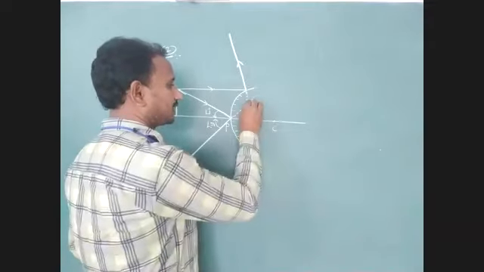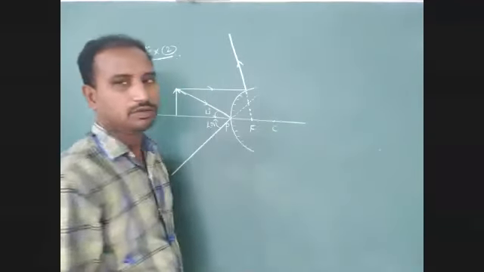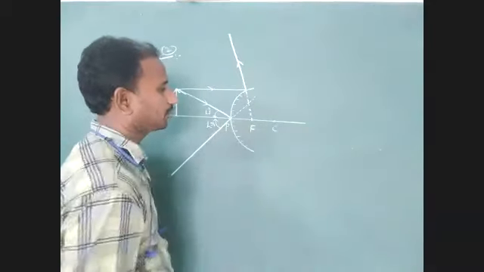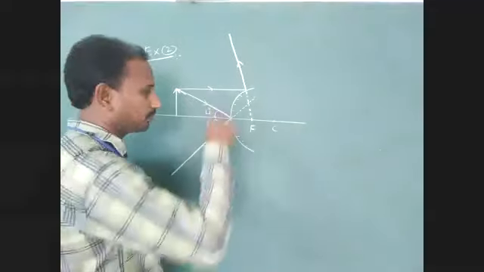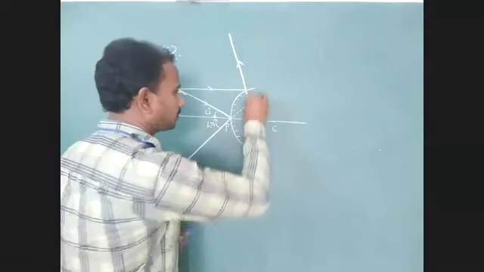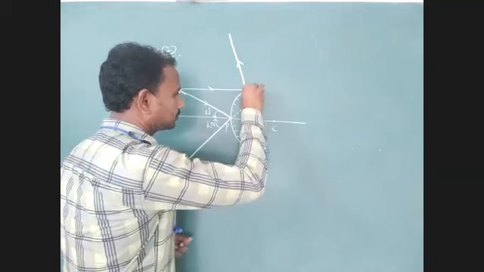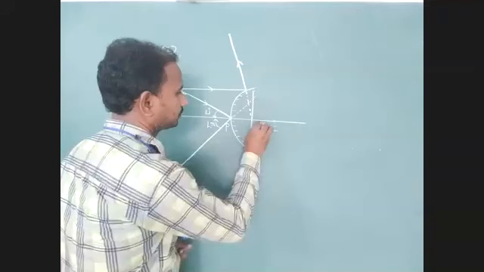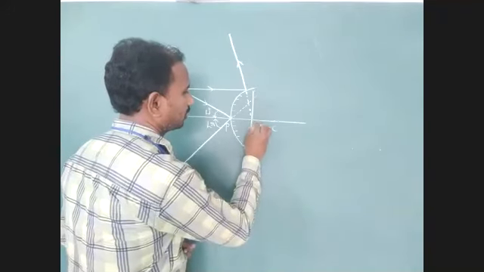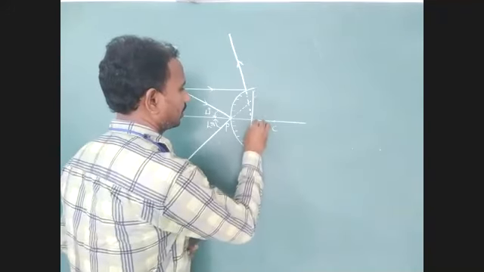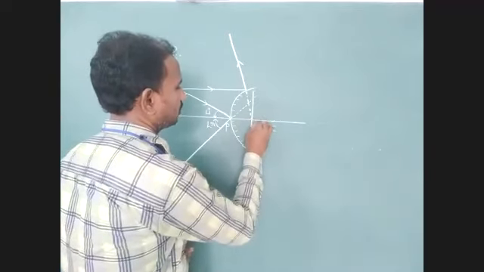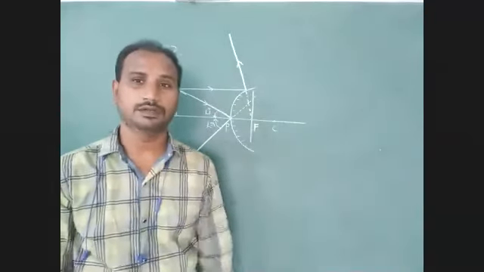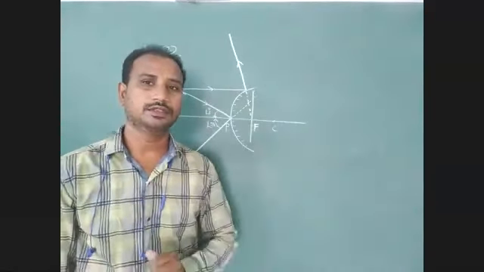So these two extended reflected rays intersect at one common point. For explaining this image formation point, we require one perpendicular line. That perpendicular line passes through the principal focus. Just identify this point. This line is not in your textbook, but this reference line is very, very important for explaining these conditions.